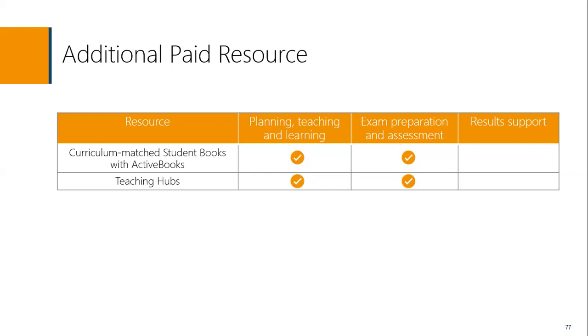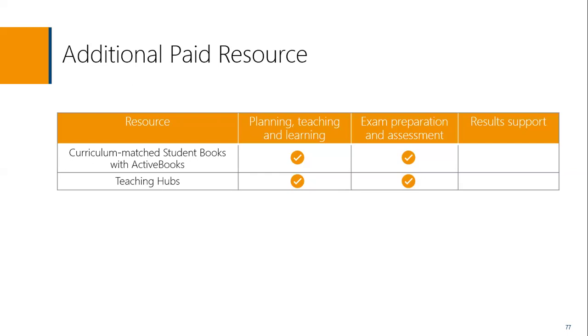These resources are specifically designed for international learners with appropriate international content. So they're not exactly the same as the books produced for the Edexcel qualification. They're produced for the globally recognized 9 to 1 grading scale.